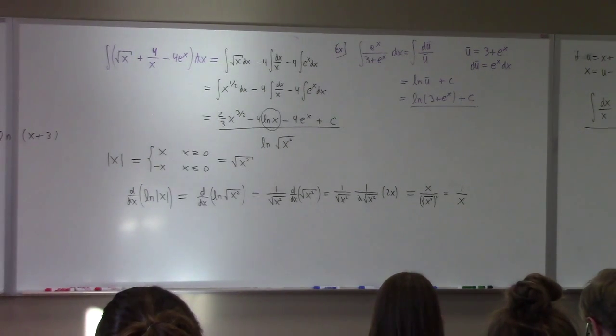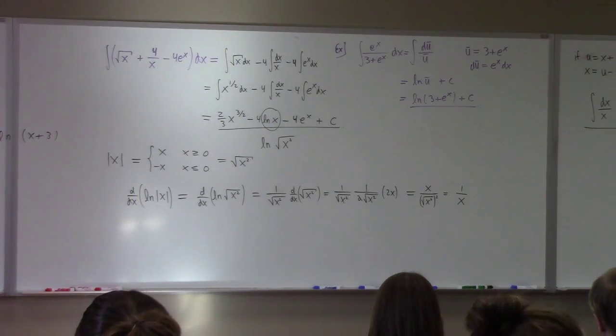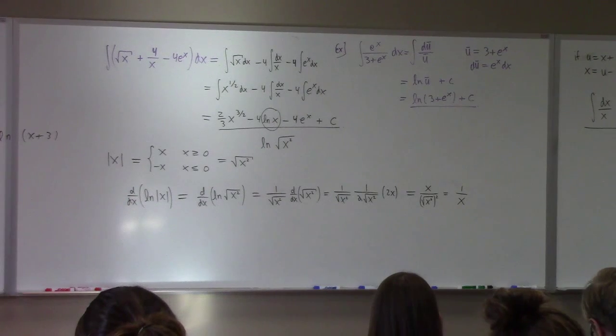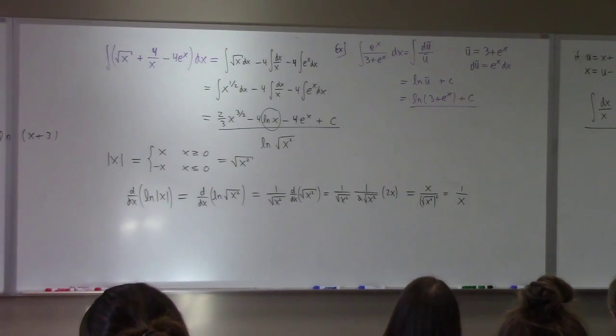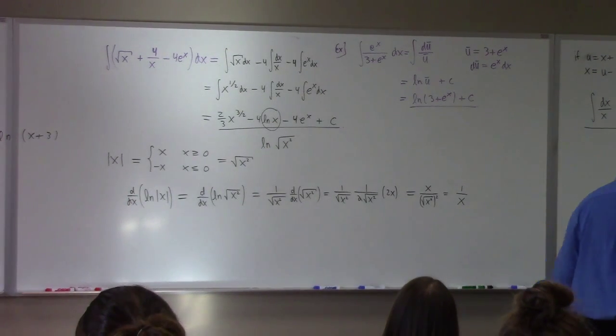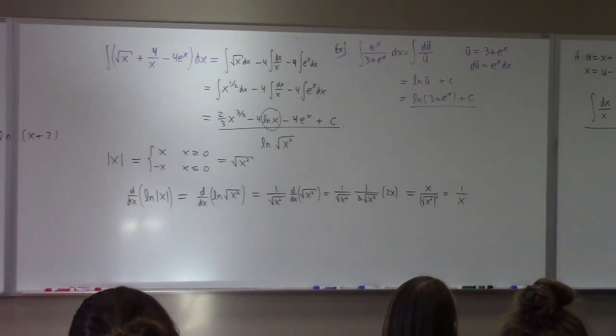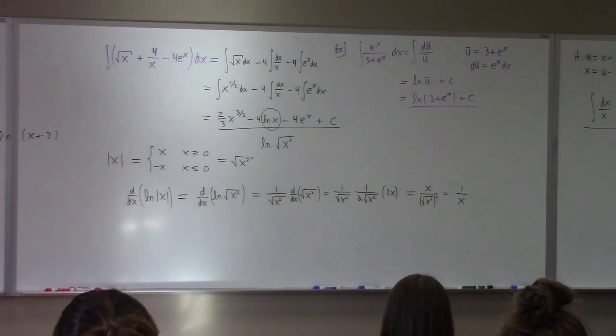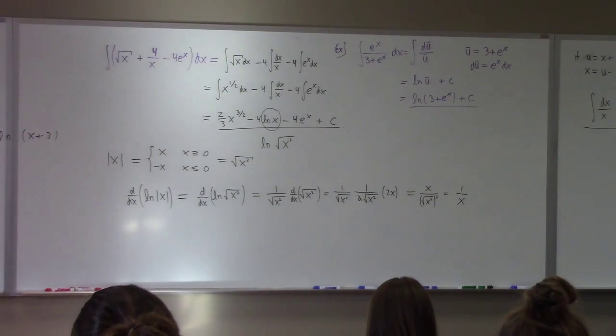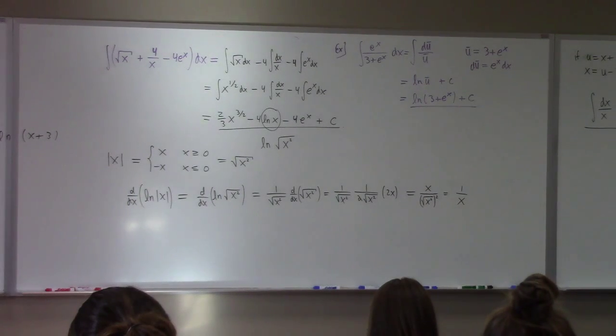That's weird. Huh. Sorry, guys, I hate to... There's no parentheses all around the 3. Maybe remove the parentheses for your 3 halves, on the x to the 3 halves. Do you have the minus 4e to the x?